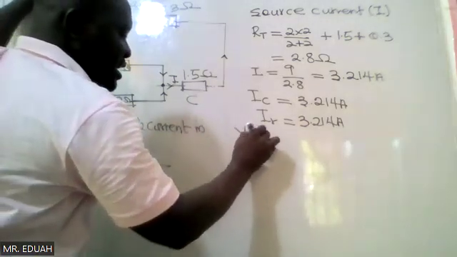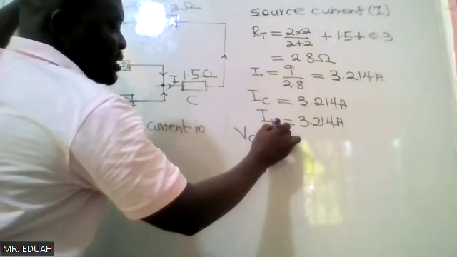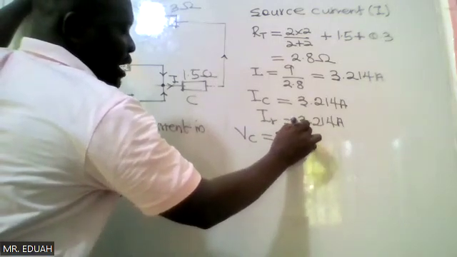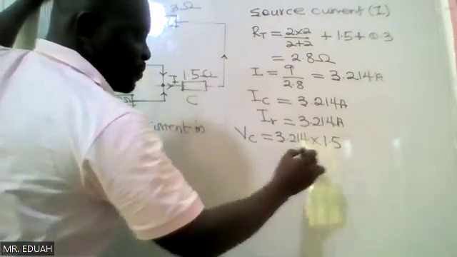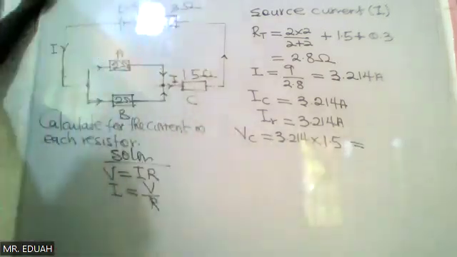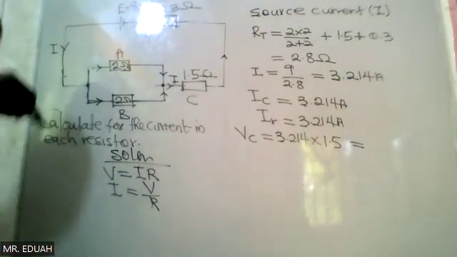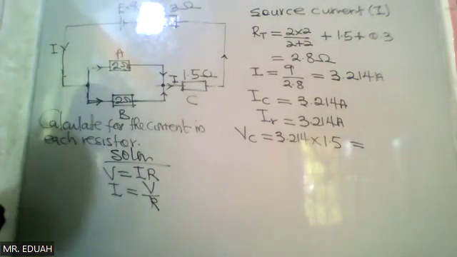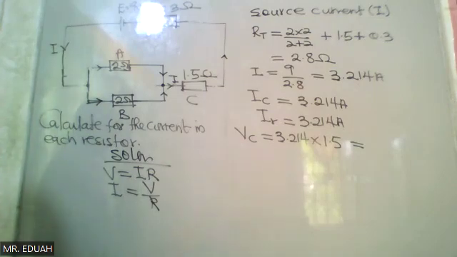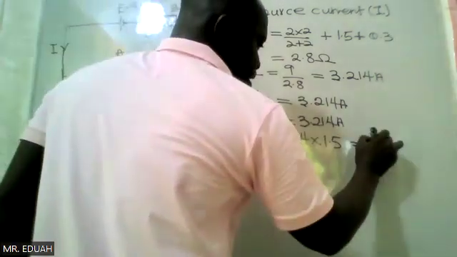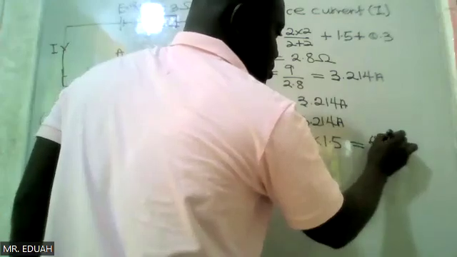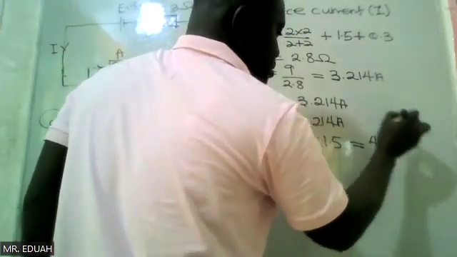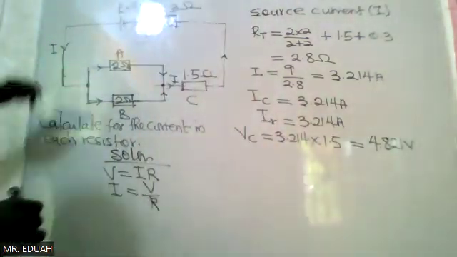So VC is equal to its current, which is 3.214 times 1.5. And this would give us the voltage drop across C, 4.821 volts.